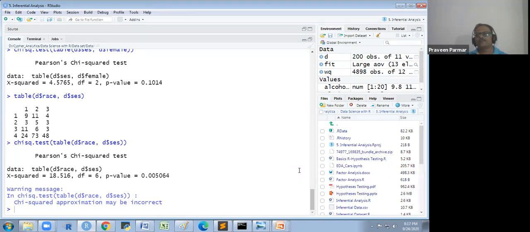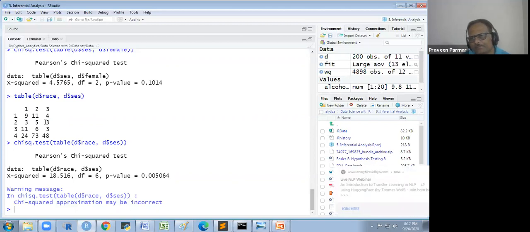Absolutely right. I just wanted to hear that word. So wherever the frequency is less than 5 in some cell, then we sometimes have to use Yates correction. But here we do not use the Yates correction in R; we use the Fisher test instead of chi-square.